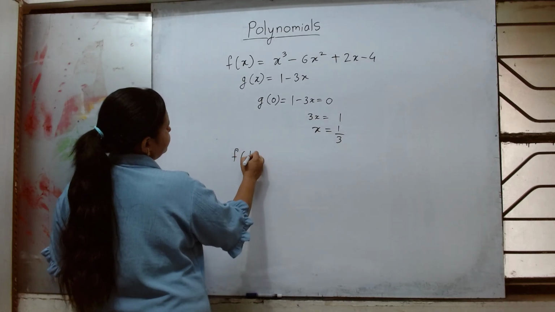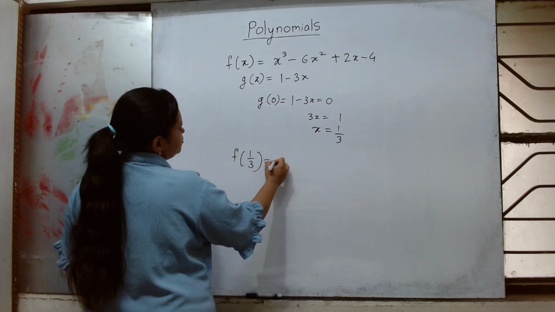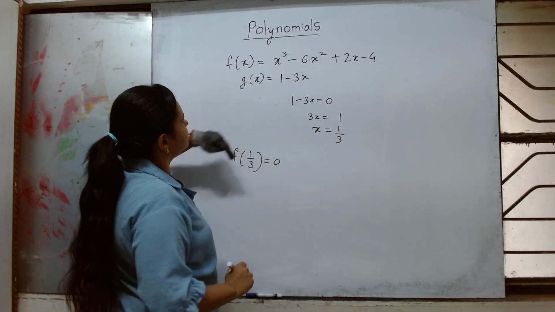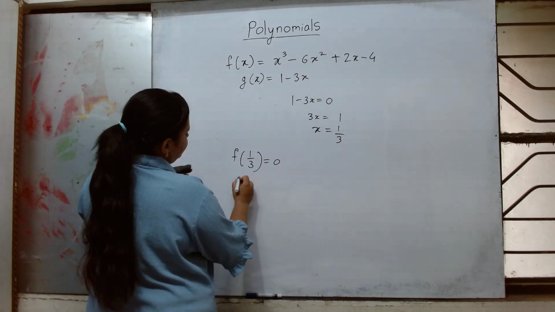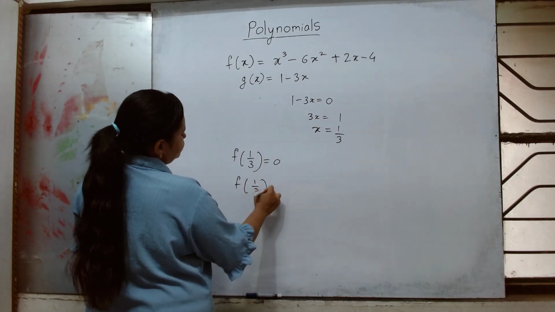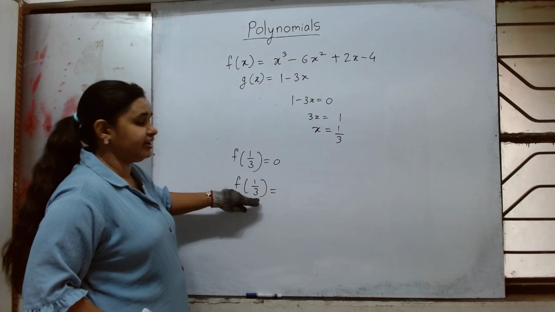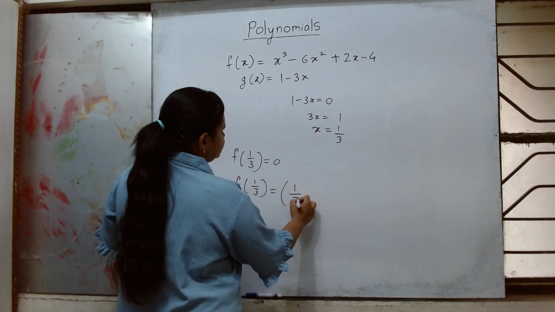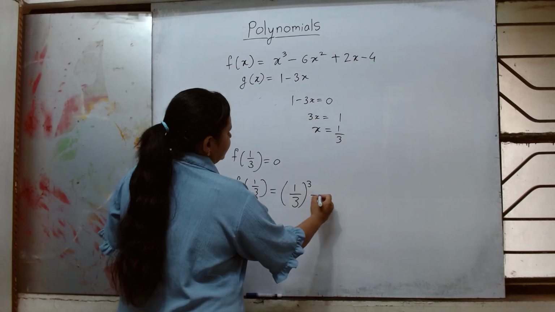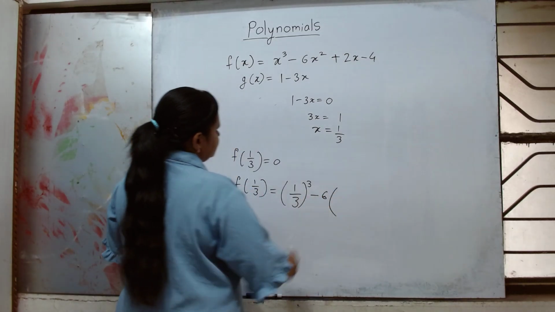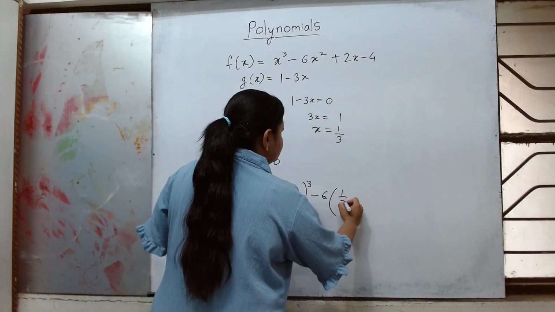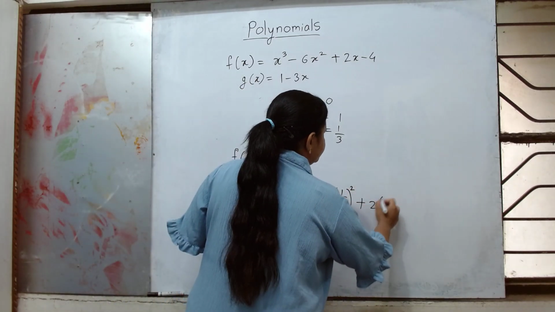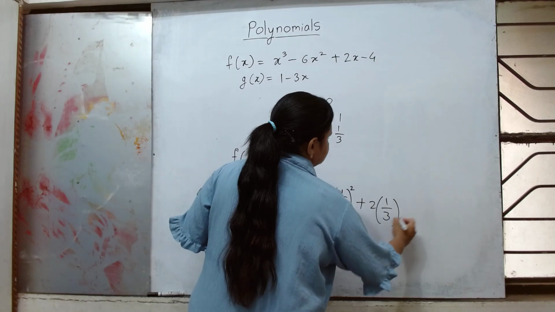So f of 1 by 3 will be 1 by 3 cube minus 6, x square is 1 by 3 square, plus 2x, 2 into 1 by 3, minus 4.